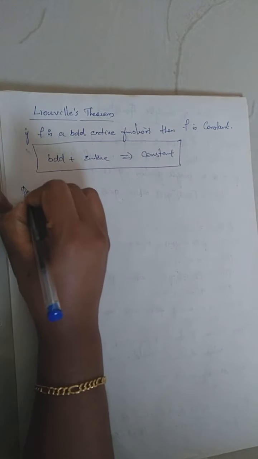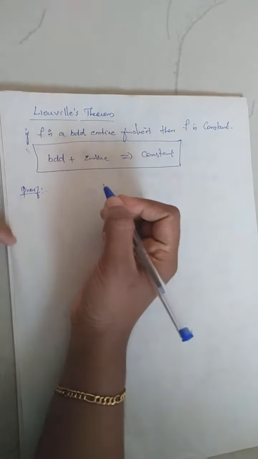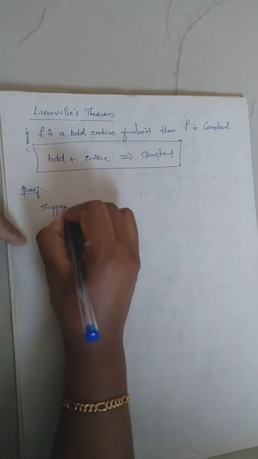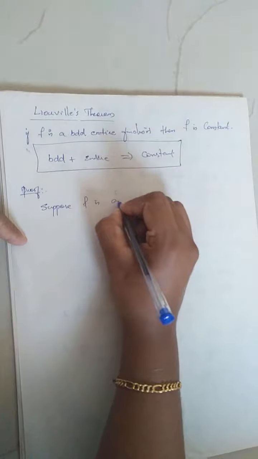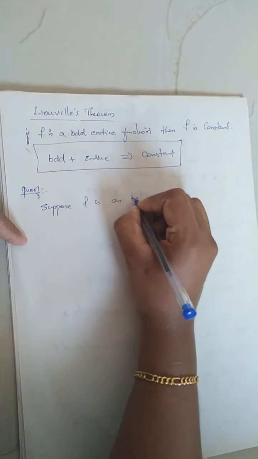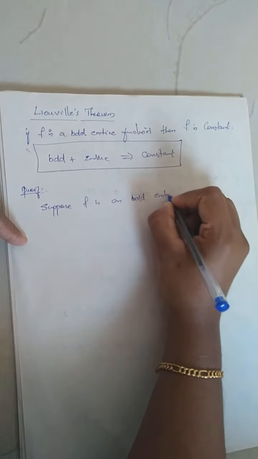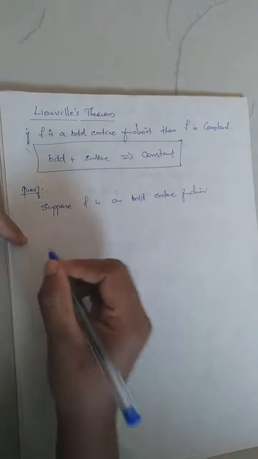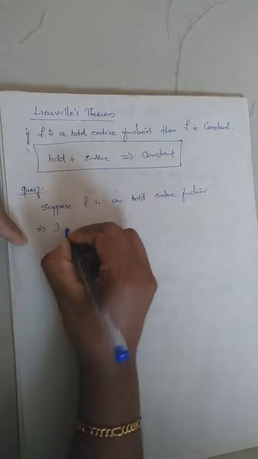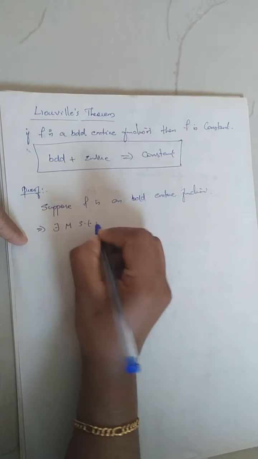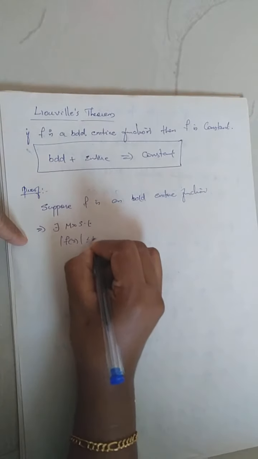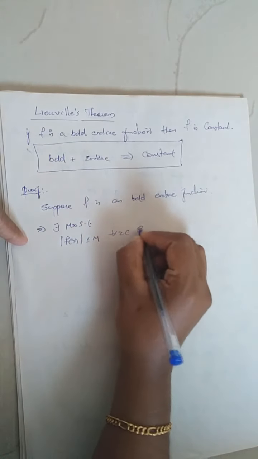How will you prove this theorem? It's a very important Liouville's theorem. So suppose f is a bounded entire function. Since it is bounded, there exists a real number M greater than 0 such that the modulus of f(z) is less than or equal to M for every z in the complex plane.